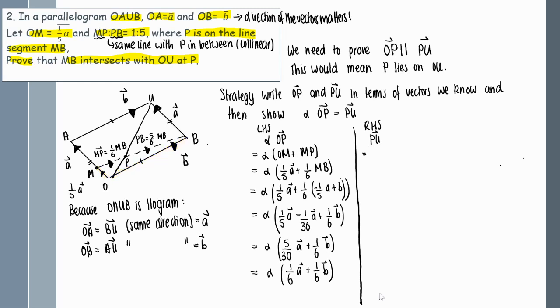So my last thing is to figure out, okay, well, what on earth is vector PU? Try and take the easiest path you can from P to U. So I'm going to go PB plus BU. I know that PB is 5/6 MB, and I know that BU is vector a.